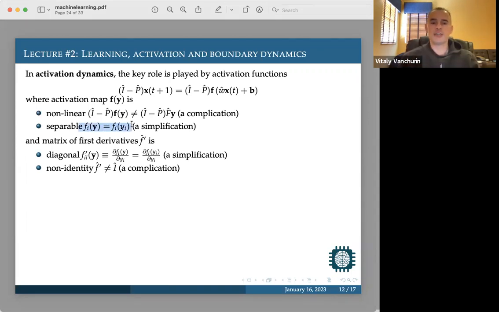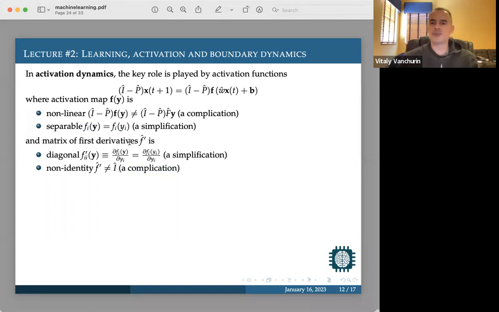If I differentiate f_1 with respect to y_2, I'll get 0. But it is nonlinear, so you don't get identity. You actually get something that is not identity, and that's a complication. Those two, the simplification and the complication, are translated into f prime, the matrix of derivatives.